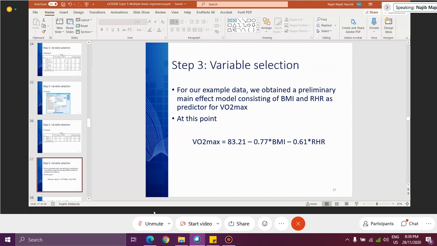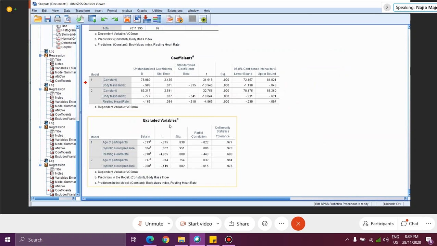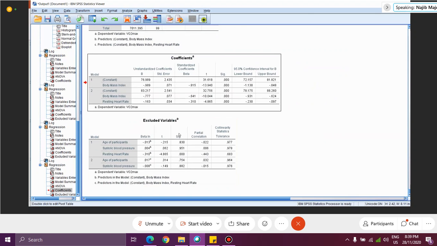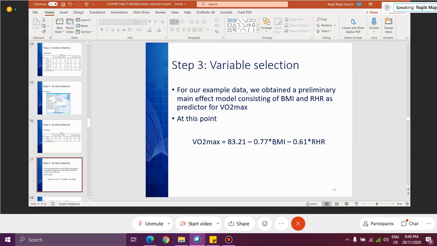Where do we get it? From the coefficient table, the last model, the constant, 83.21. Then minus 0.77 times BMI and also minus 0.61 times resting heart rate. So this is the equation from the preliminary main effect model.